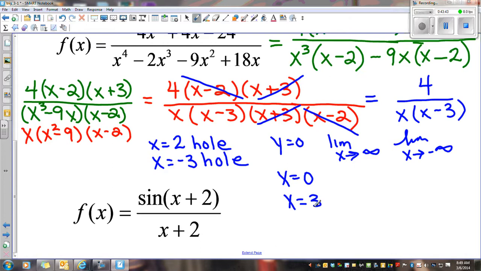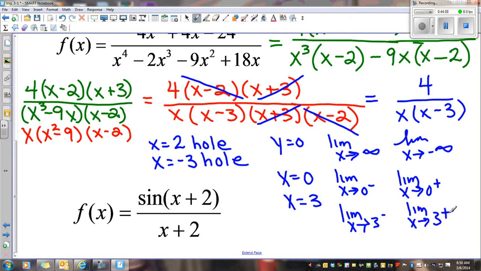Not allowed to be that. Okay, now, to prove these, what do I have to do? If I do calculus, I have to do a limit as x goes to 0 from the left, and a limit as x goes to 0 from the right, and I have to do a limit as x goes to 3 from the left, and a limit as x goes to 3 from the right.